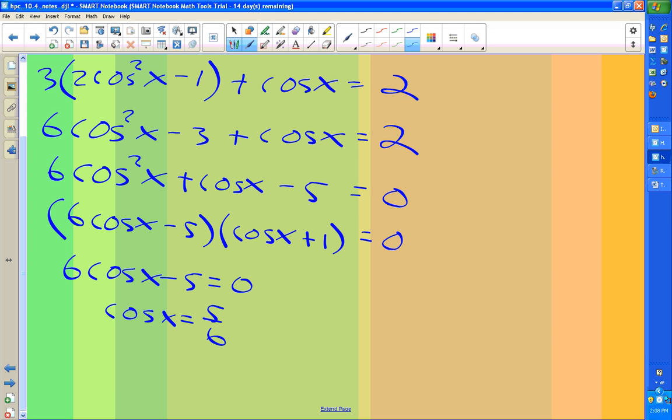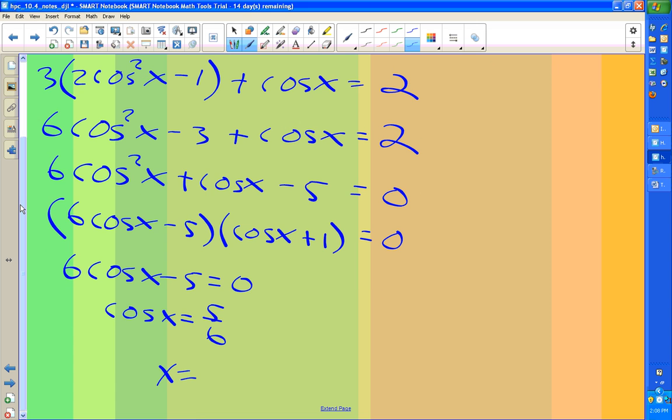On this homework, or in this example for sure, we are in radians. So make sure your calculator's in radians here.